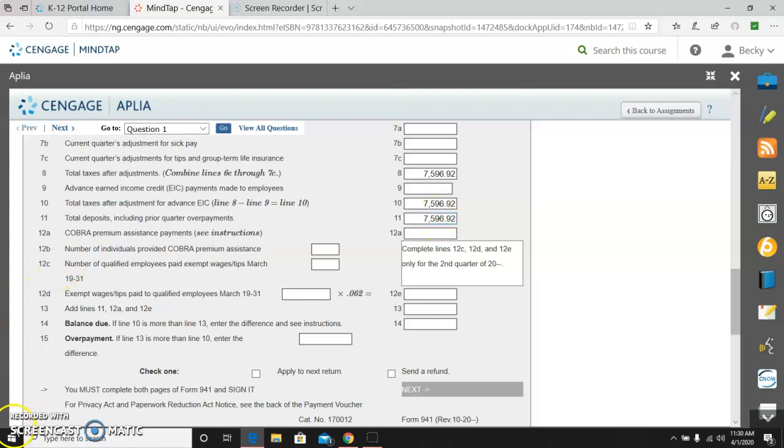So I'm going to go on down to line 13 because all that other stuff is just weird things that could happen. And I'm going to say add lines 11, 12A, and 12E. So the only thing is on line 11, so we're still at 7596.92.